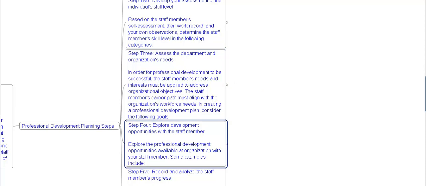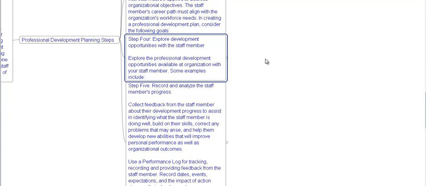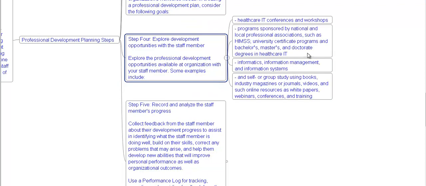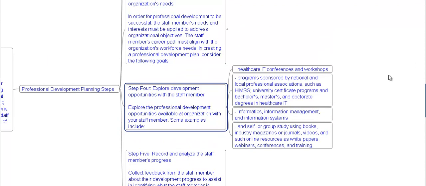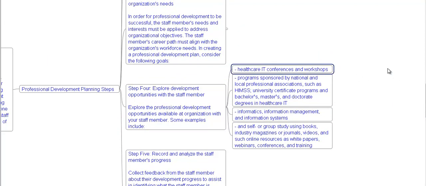Step 4. Explore development opportunities with staff members. Explore the professional development opportunities available at the organization with your staff members. Some examples include healthcare IT conferences and workshops.